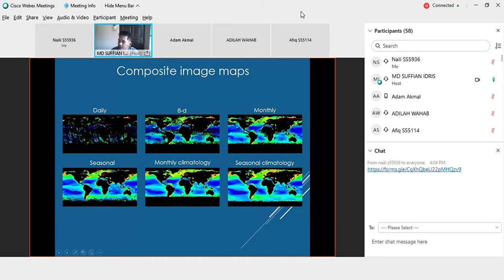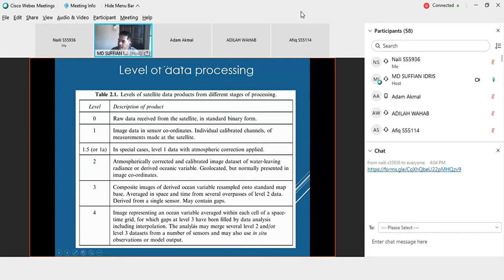operation of that satellite. And then level of data processing. So kita ada 0, 1, 1.5, 2, 3 and 4. Ini saya terangkan dalam amali yang lepas. So 0 is a raw data in a standard binary. Level 1 bila dia dah buat satellite atau sensor punya calibration.